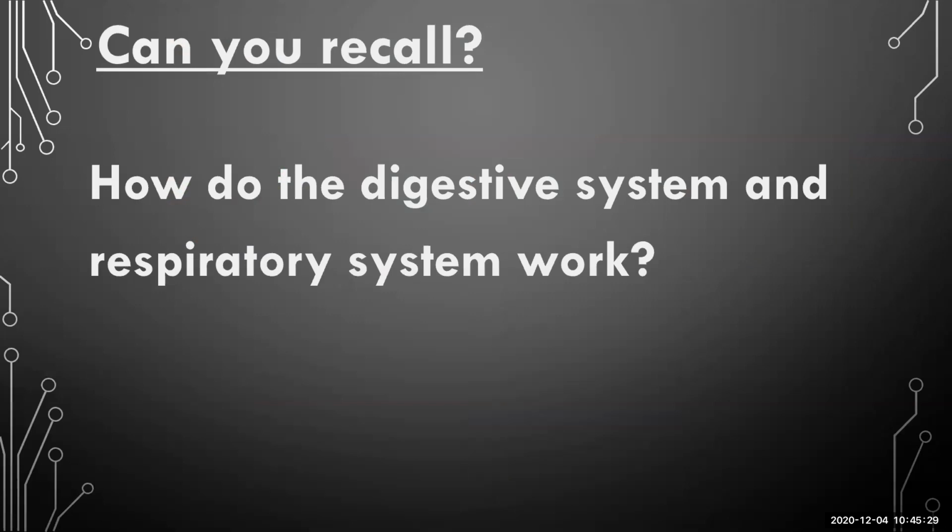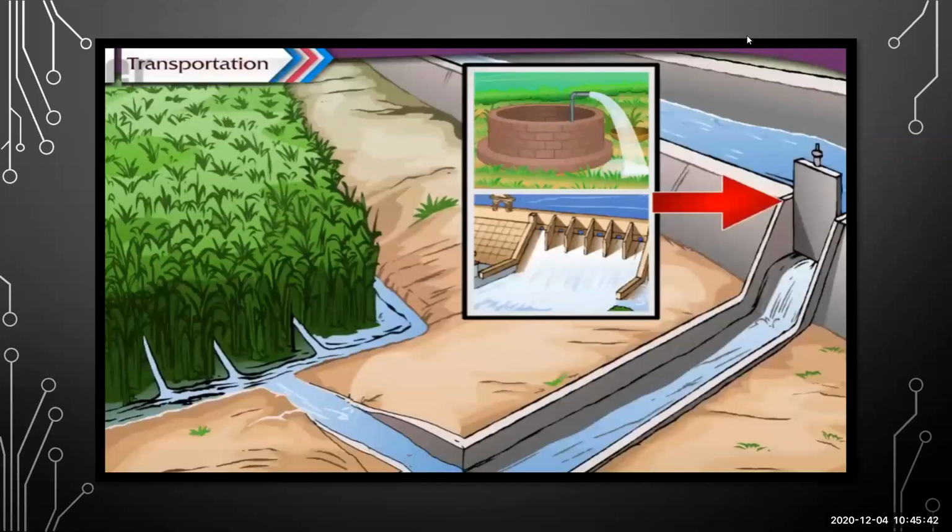Now let's recall how the digestive system and respiratory system work. Now you can see in the picture that this is a canal. A farmer transports water from wells and dams to the plants through channels.